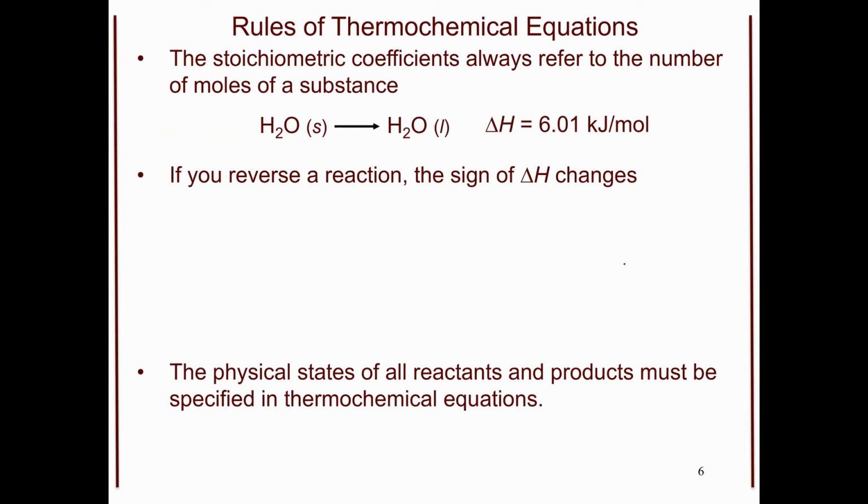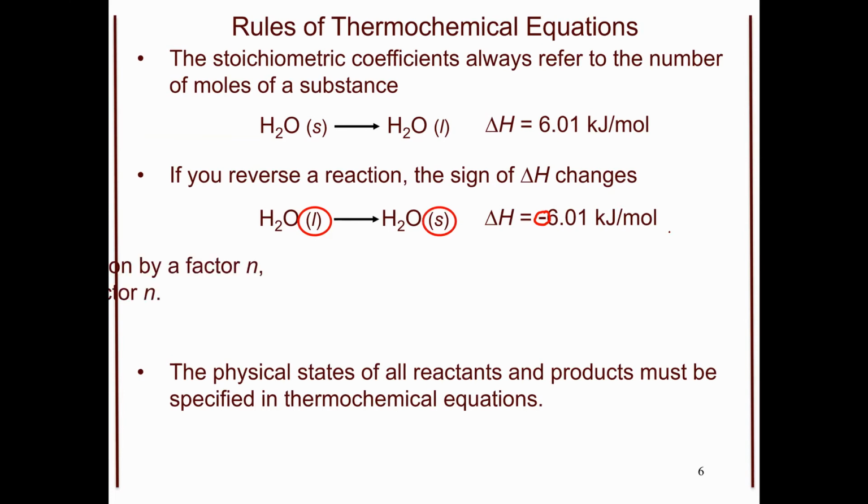If you reverse a reaction, we are going to have to flip the sign of our delta H. So as you can see here, I am freezing 1 mole of liquid water to form 1 mole of ice. The only change that has been done here is the negative sign to indicate that we have flipped the reaction. If you flip a reaction, you are expected to flip the sign.